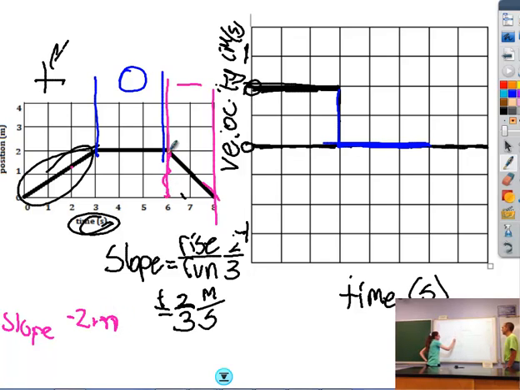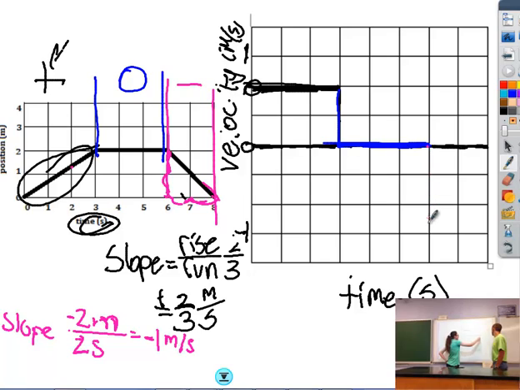So from here to here I fell, and then my run, I ran 2 seconds, which is going to give us -1 meters per second. So I must need to stair step down one more time.